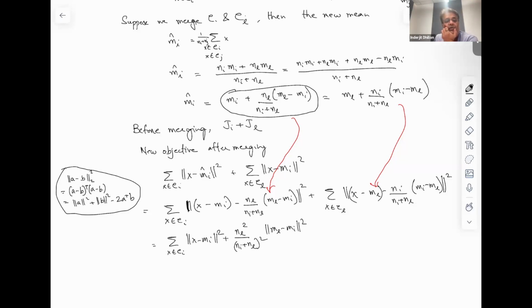Then I have the 2 A transpose B, so minus 2 times x minus Mi transpose Ml minus Mi.